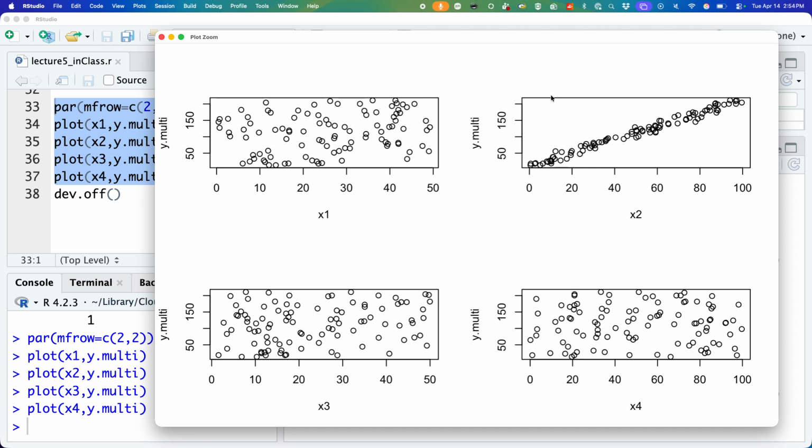So in this particular example, I am plotting each of my x's against what the y's look like. Who wants to tell me about what they see here?